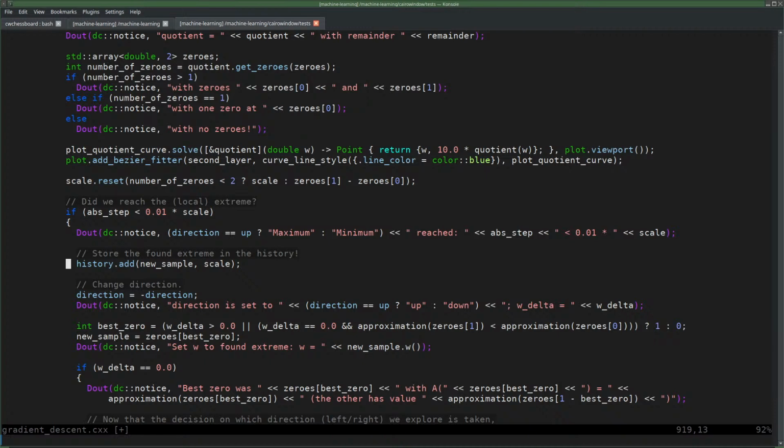And it is added, or not, or replaced. Then we change the direction. It's the up-down direction. So now we're going to find a maximum. And then we're trying to find the best zero of the two zeros that we don't have.